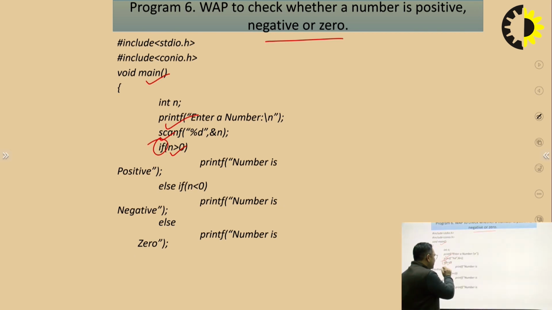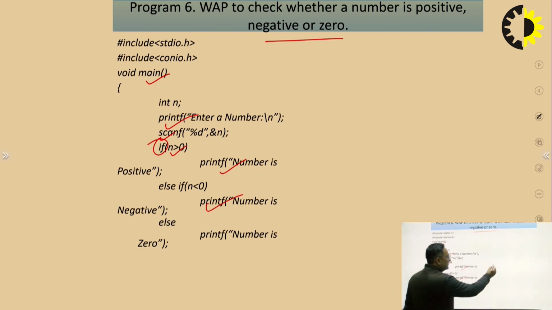If this is greater than 0, then we print the number as positive. We want to check whether the number is positive, negative, or 0. So if it is greater than 0, it is positive. Else if it is less than 0, it is negative, so the second condition will get executed.